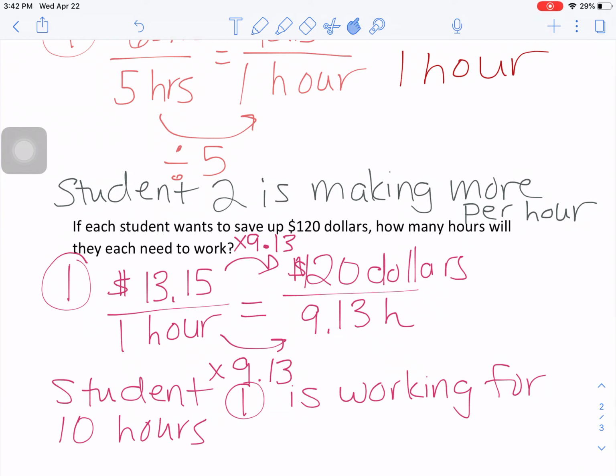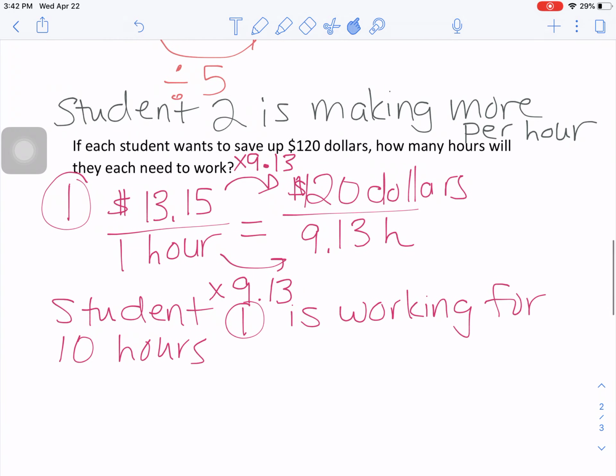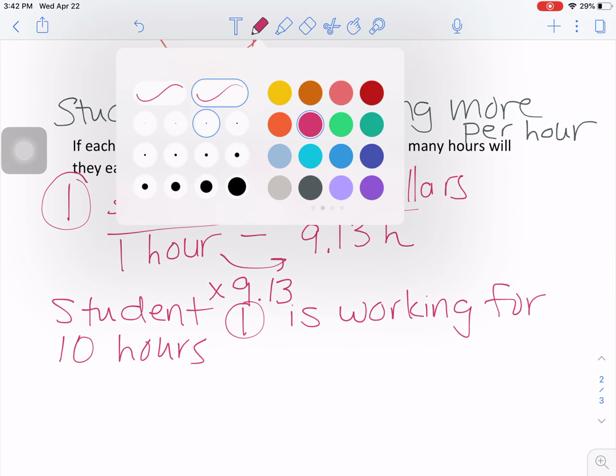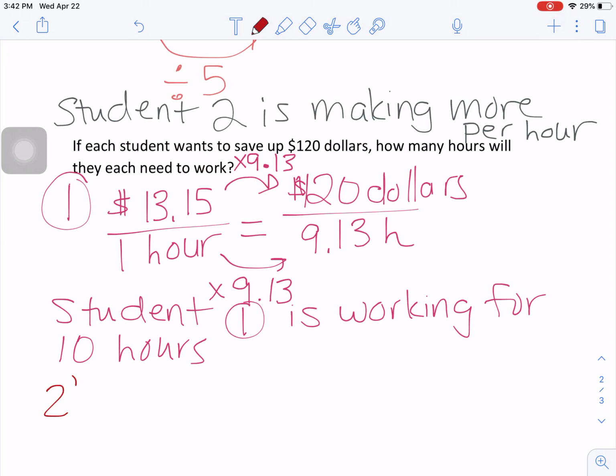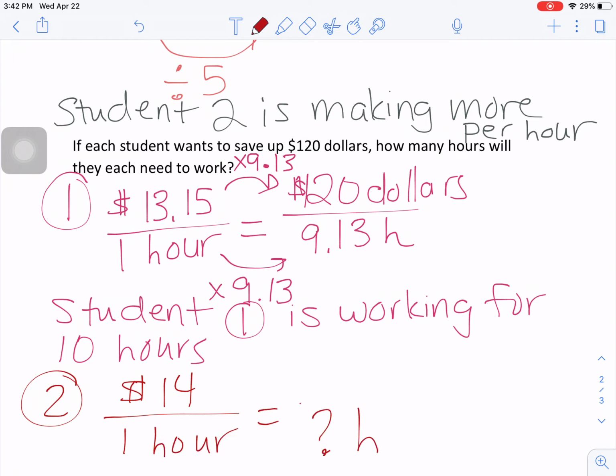The second student, we're going to set up the same way. So for student 2, we're going to take their hourly rate, $14 for 1 hour. And we want to again know how many hours for $120. So what do we need to multiply 14 by to get 120? So we're going to take 120 and divide it by 14.